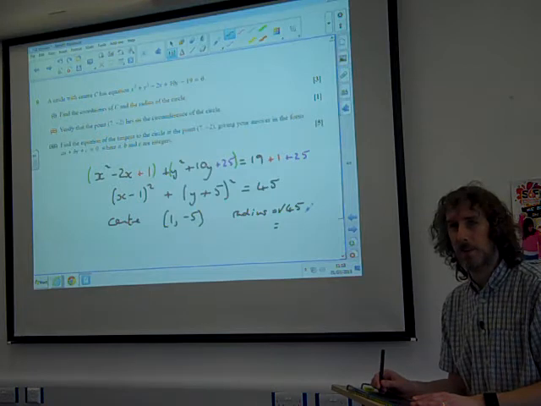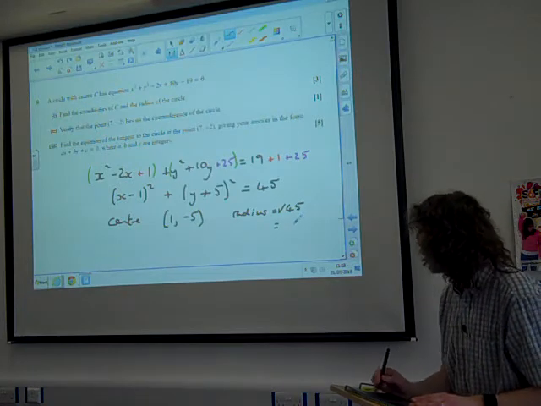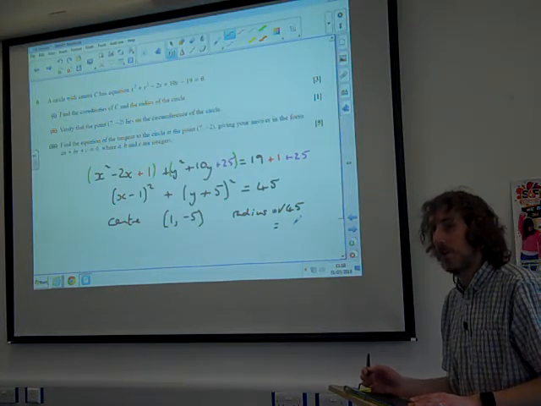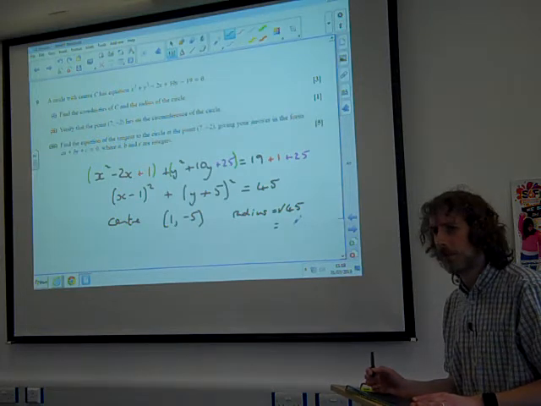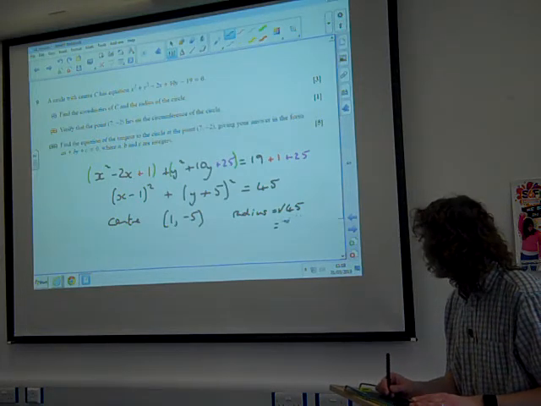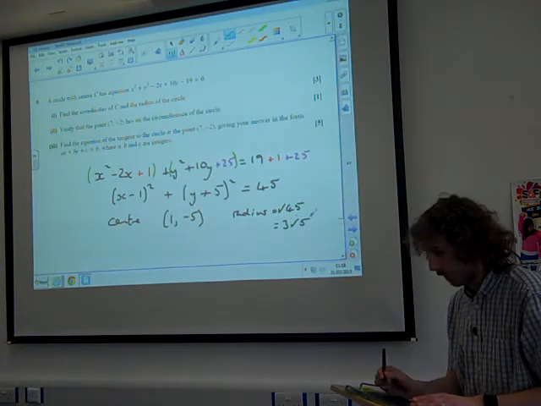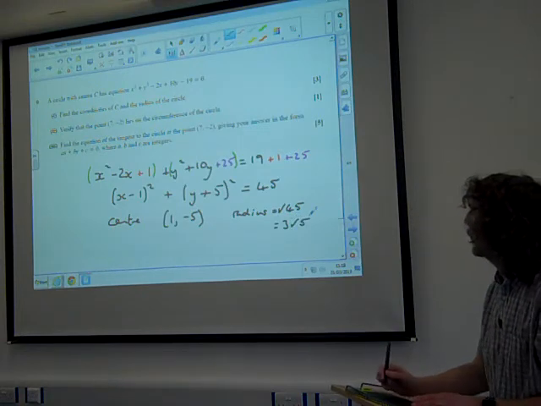I'd like to write that in its simplified form. But 45 is 9 times 5, isn't it? So we're going to write that as 3 root 5. There we are. Okay, great.